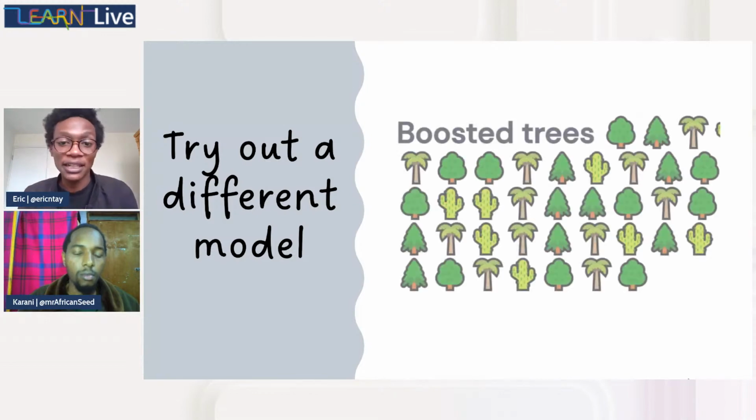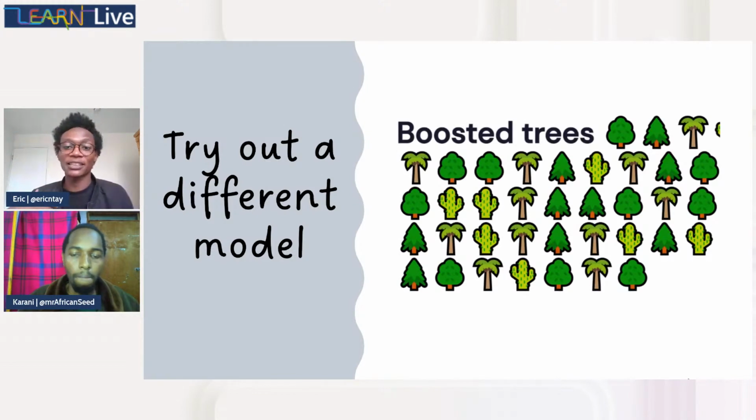For instance, we can try a model such as boosted trees. Boosted trees, provided by packages such as XGBoost, allow you to build an ensemble of tree models such that each subsequent model is built on top of the other in a way that reduces the error made by the previous tree.